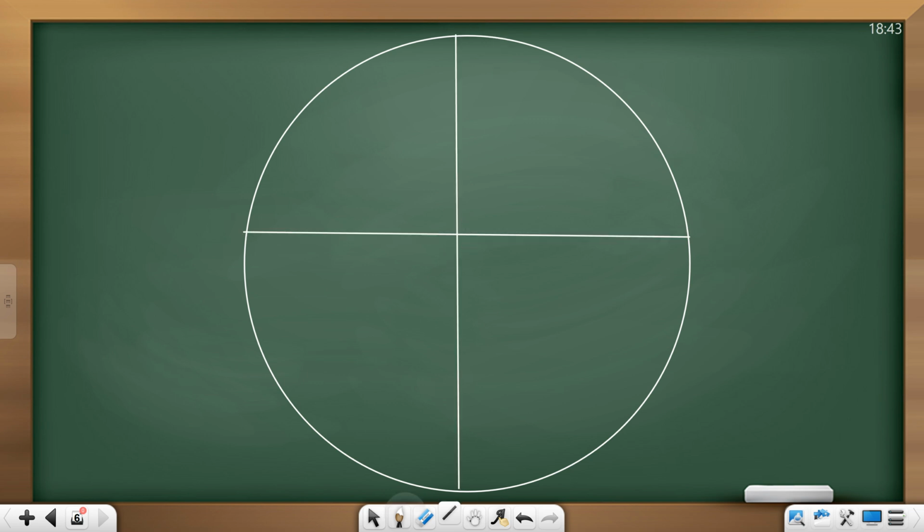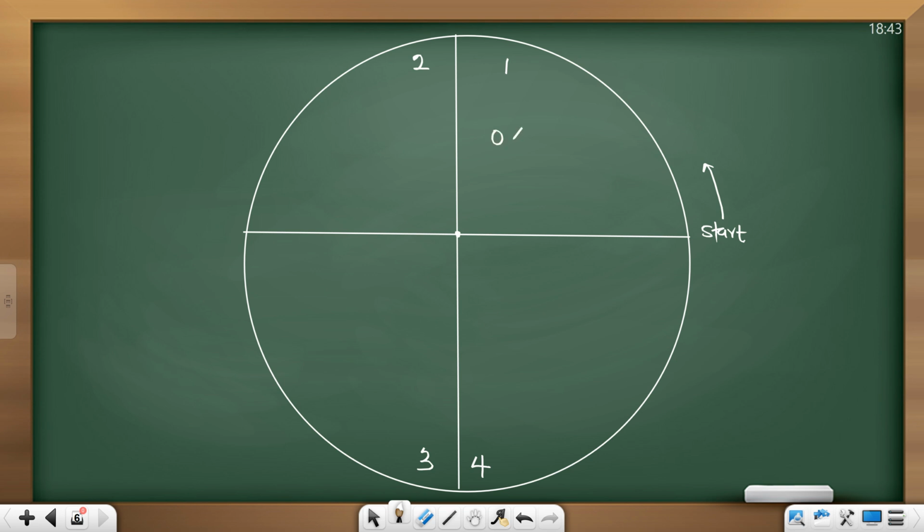Please just listen first before you start drawing. We always move anti-clockwise. This is our start. We move anti-clockwise: quadrant 1, quadrant 2, quadrant 3, so that you'll understand all the jargon I'm going to write inside.